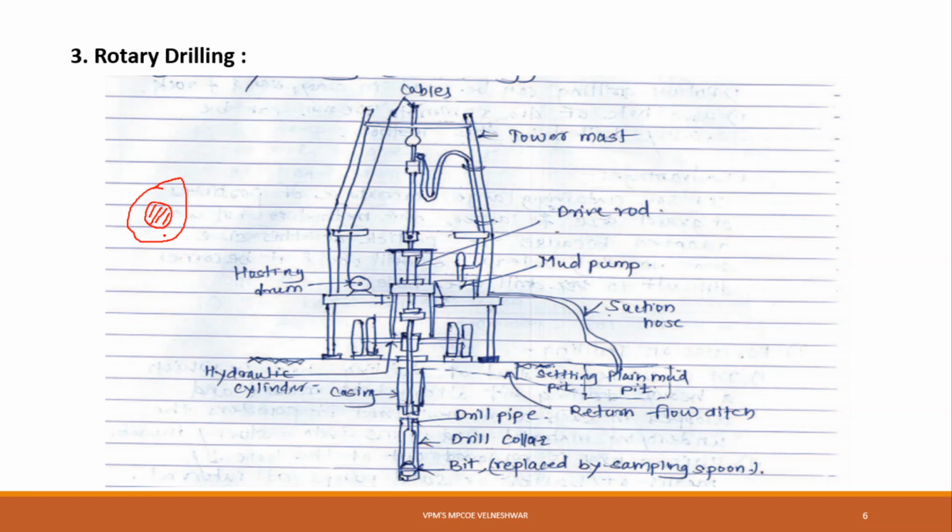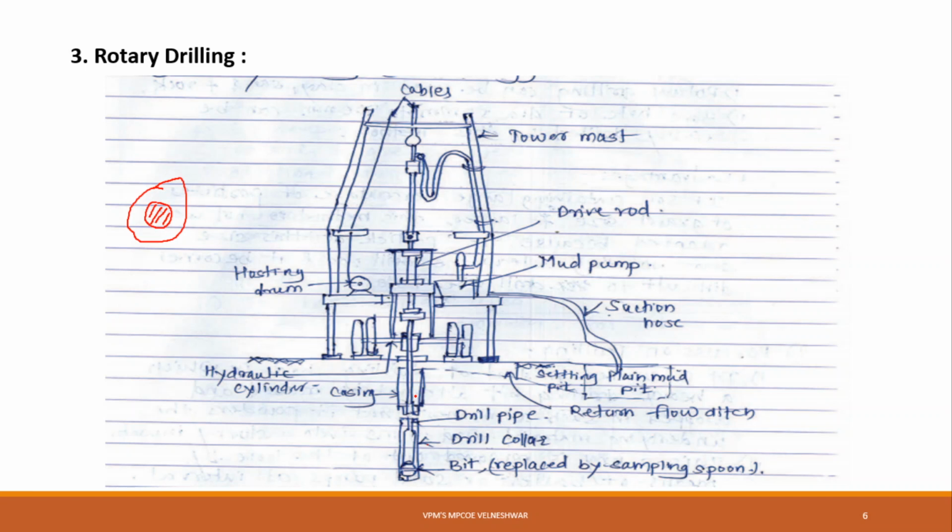The drilling fluid also supports the wall of the hole in case of an uncased hole. Suppose there is no casing pipe. The drilling fluid or mud gets attached to the boundary of your hole and provides support to the hole and avoids the caving of soil inside the hole.